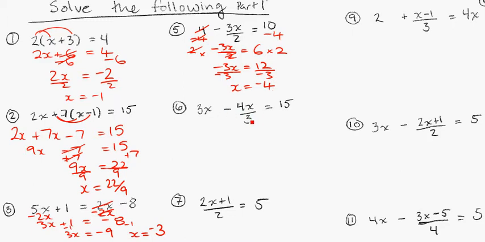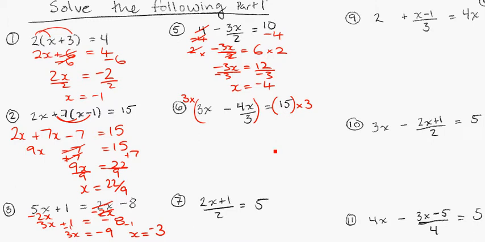Right, a little bit harder here. This is over a denominator of 3. There's many things we could do to solve this one. I think perhaps to get rid of this divided by 3 on the denominator, we'll just times by 3 everything on this side and everything on this side.